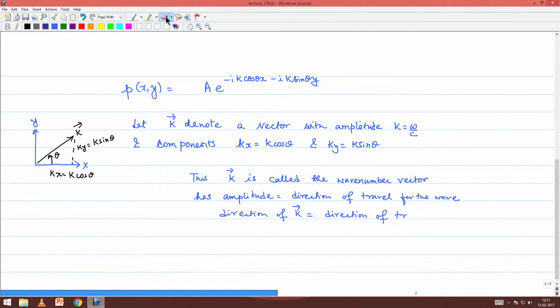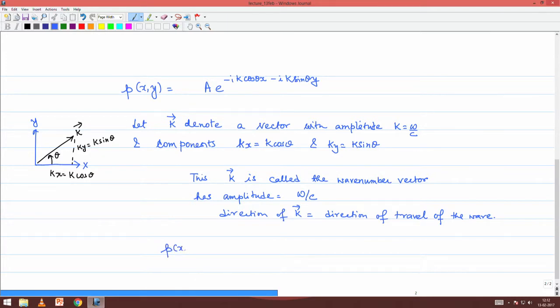So, the wave number vector has amplitude omega by c, and the direction of this k vector is the same as the direction of travel of the wave, right.